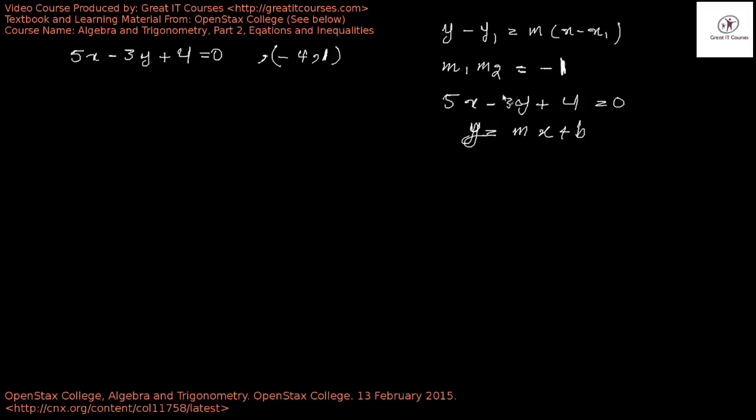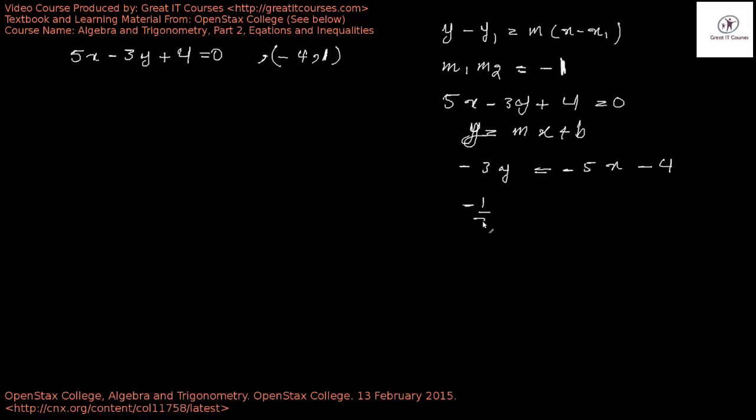So I keep my y over here, I write it as minus 3y is equal to, and then take everything else to the other side of the equation. So minus 5x minus 4. And then I simply multiply everything by minus 1/3.